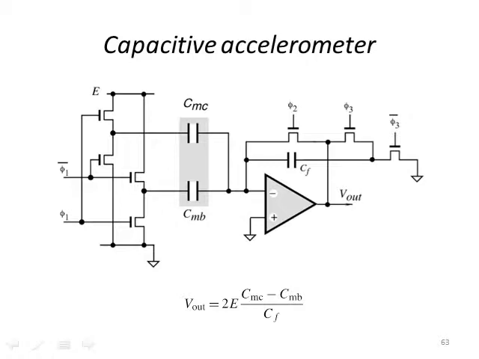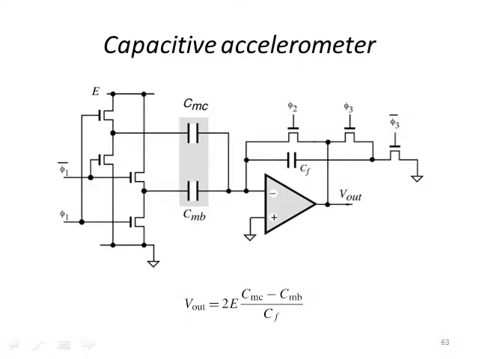Now, this is a switch capacitor implementation of a capacitive accelerometer, and for these pass transistors in the feedback loop, the resistance of the pass region is controlled by voltages phi 2, phi 3, and phi 3 hat. And you can have a very precise and very small implementation using switch capacitive circuits, CMOS technology, to control the feedback loop in this system.